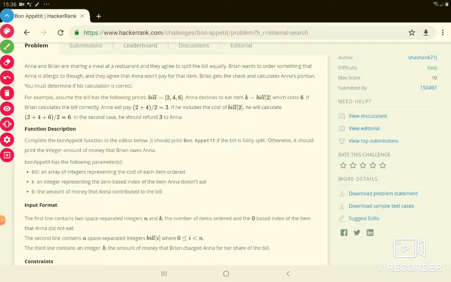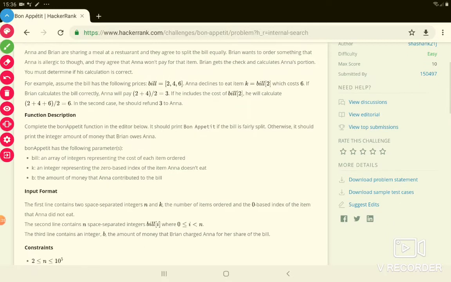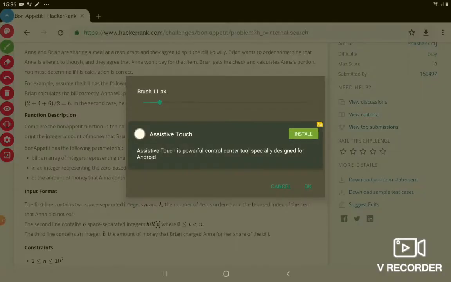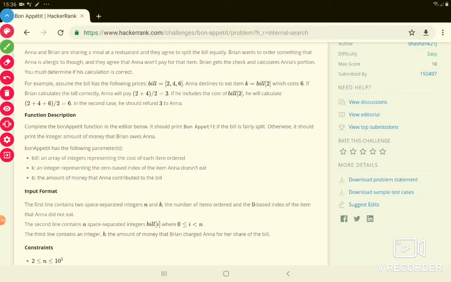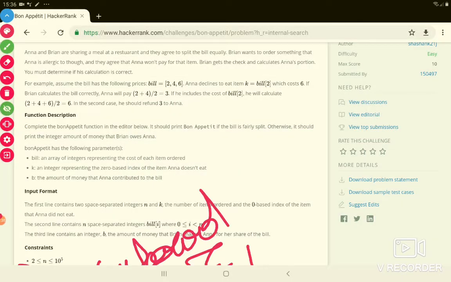So the input will be a bill in which the costs of dishes will be there, and suppose Anna declines bill 2.